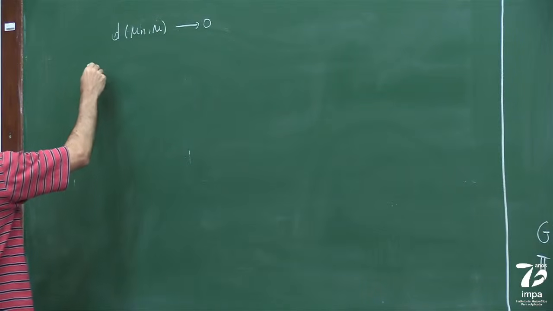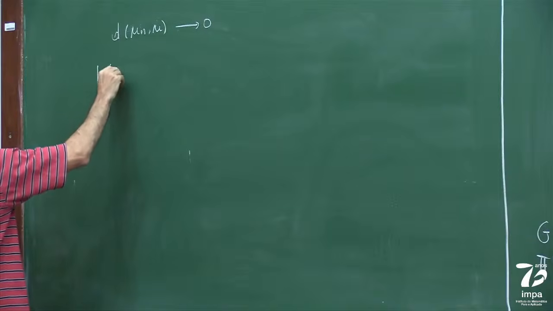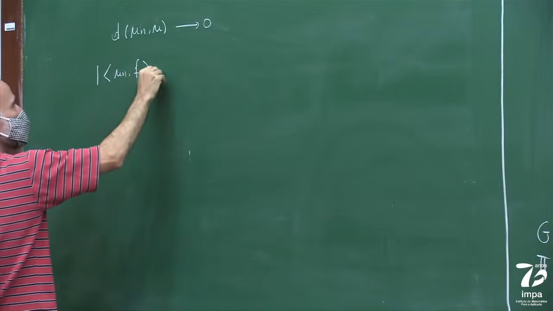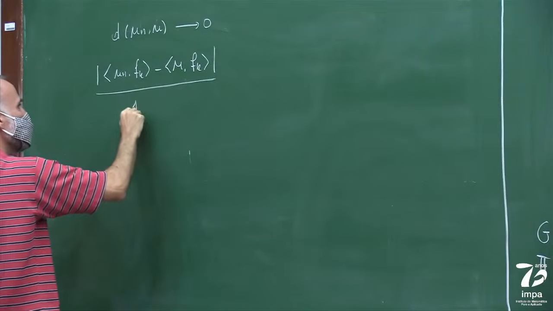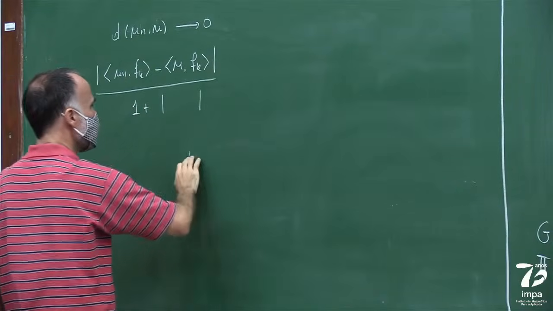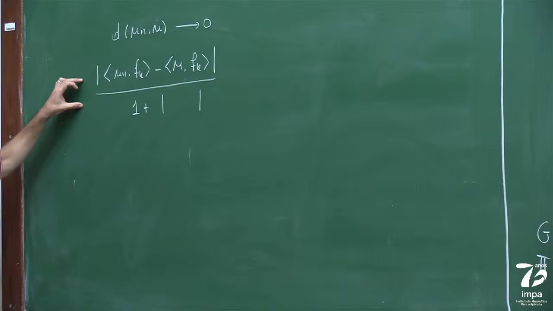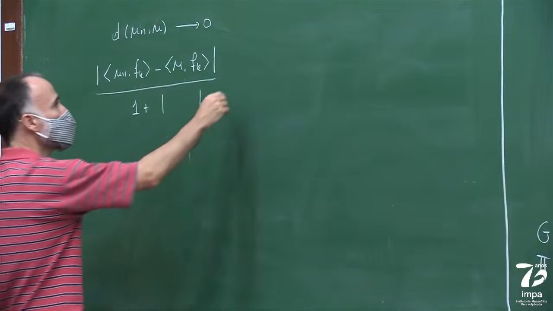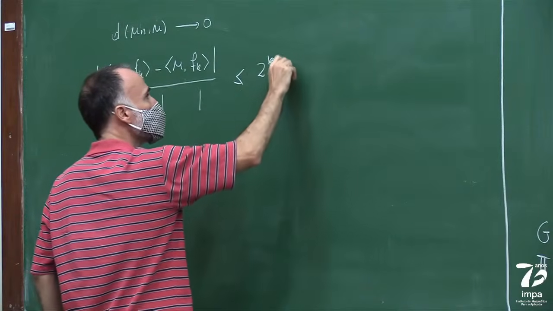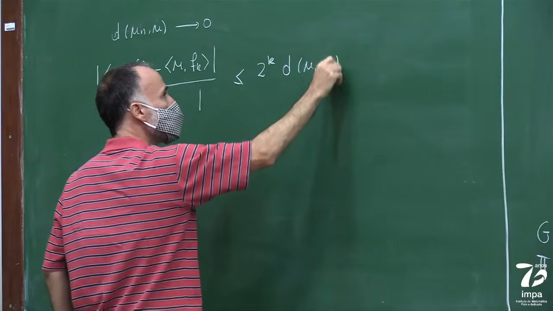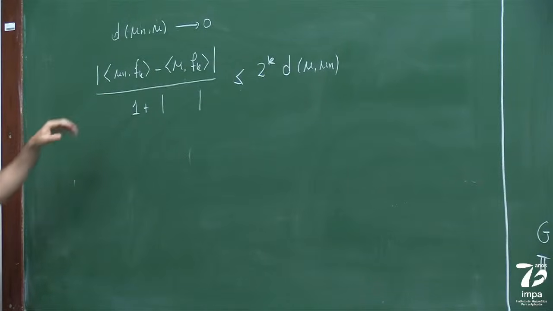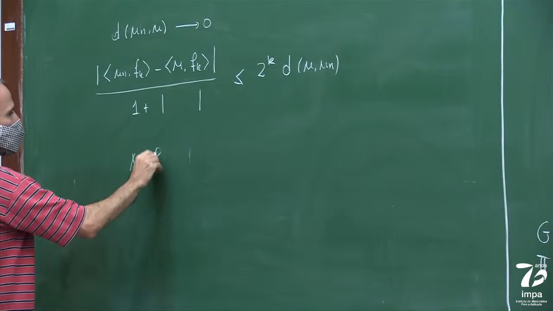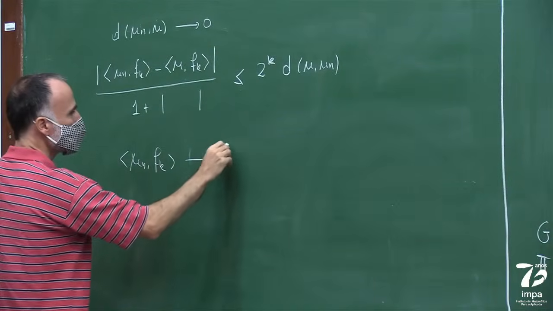Well, you know that mu n fk minus mu fk over 1 plus the difference, if I divide that by 2^k, is one term in the sum, so it's bounded by the distance. So this is less or equal than 2^k times the distance between mu and mu n. And since the distance is converging to 0, this means that this ratio is converging to 0, which means that mu n fk is converging to mu fk.